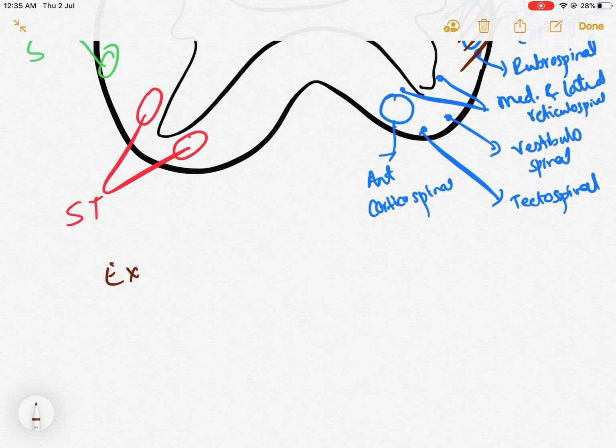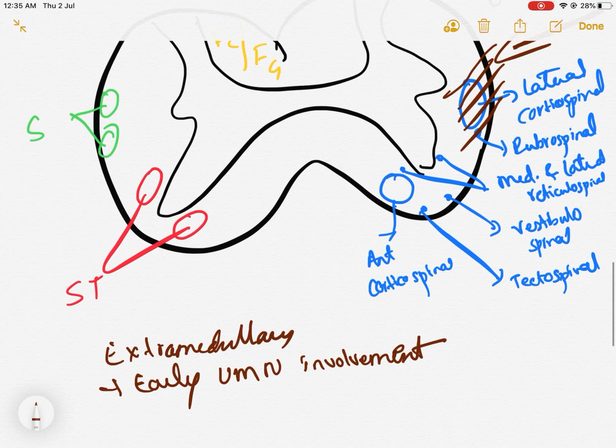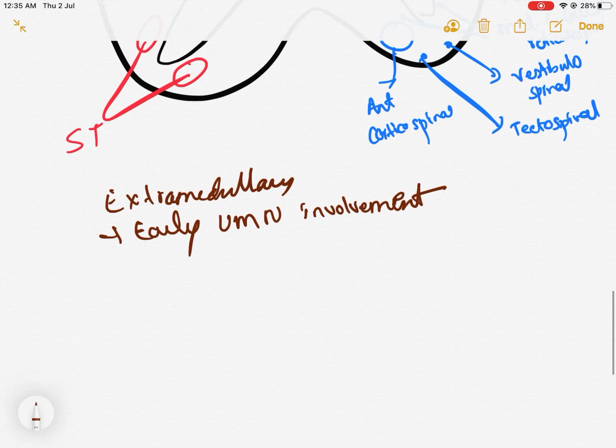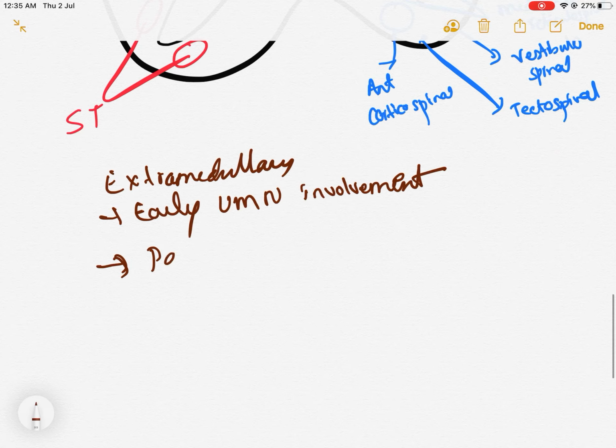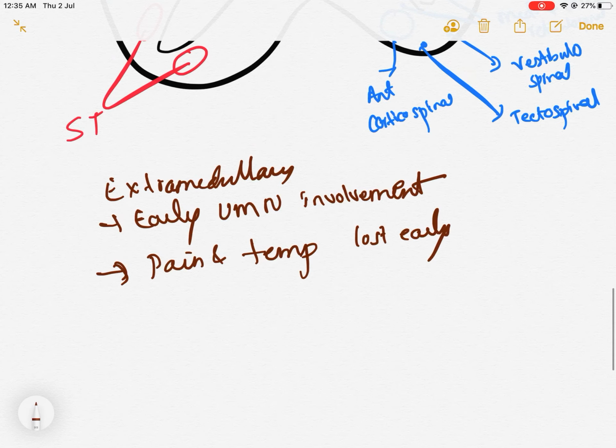So the features of extramedullary lesion, we will write, is early UMN involvement, because of the corticospinal tract. Now the next tract which is close to the corticospinal tract is the spinothalamic tract. So pain and temperature are lost early. Now if you see, this is the medial most, that is the dorsal column. Dorsal column is lost late.